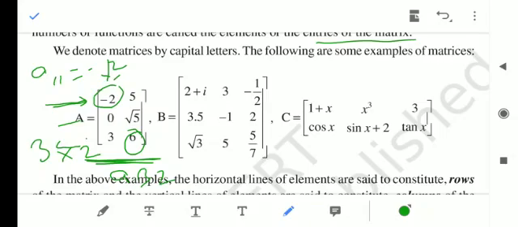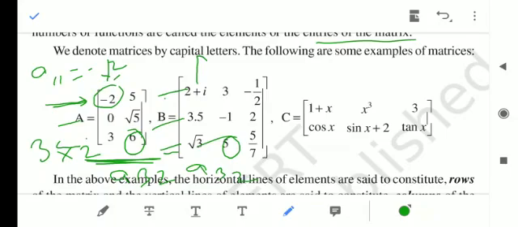So the order will be 3 by 3, so the number of elements will be 9. If I ask which element lies at A32, it means the element in third row and second column. The element which lies there is 5. So A32 is 5.